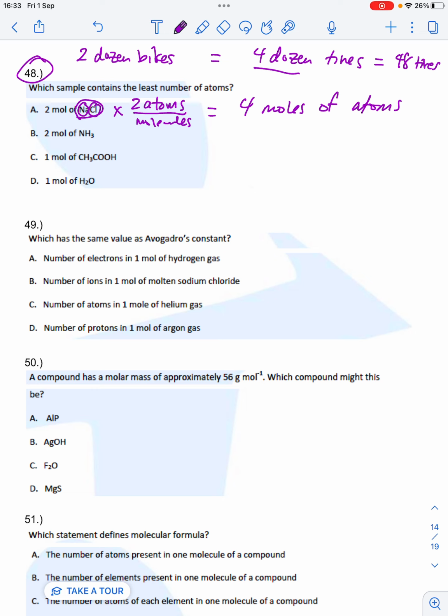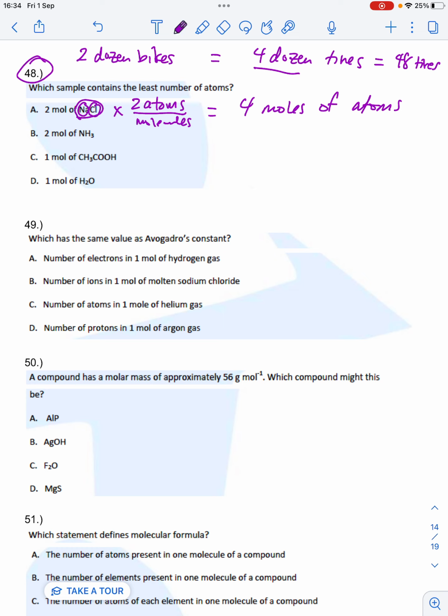So we can skip the step here where we times 6 times 10 to the 23rd, because that just adds extra math. What we're eventually going to hopefully get to is that knowing numbers of moles is just as good as, and it's actually a lot simpler than knowing the exact number of atoms.